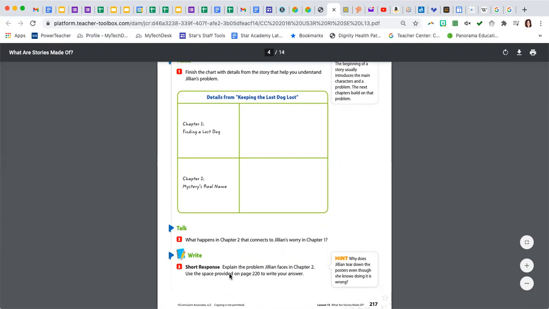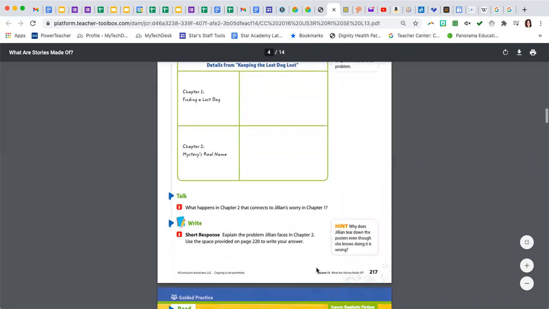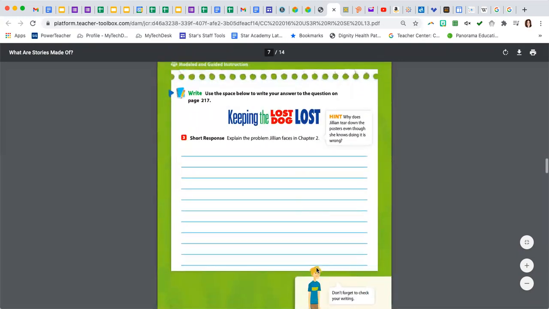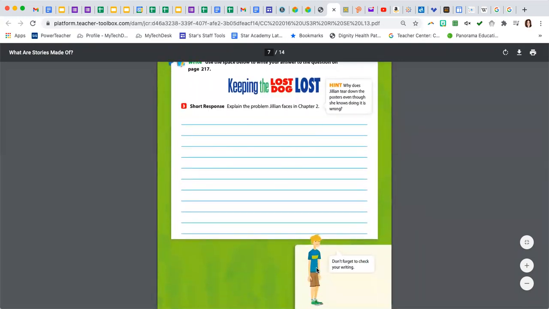Explain the problem Jillian faces in chapter 2. Use the space provided on page 220 to write your answer. Here's a hint. Why does Jillian tear down the posters even though she knows doing it is wrong? And again, that short response is going to go here on page 220.